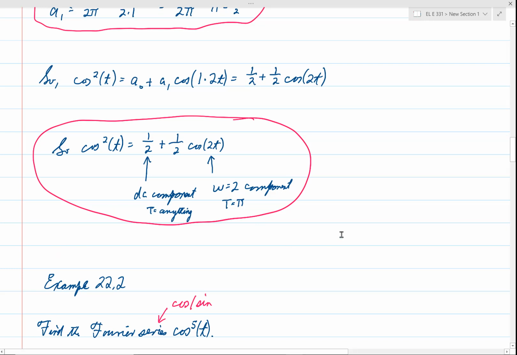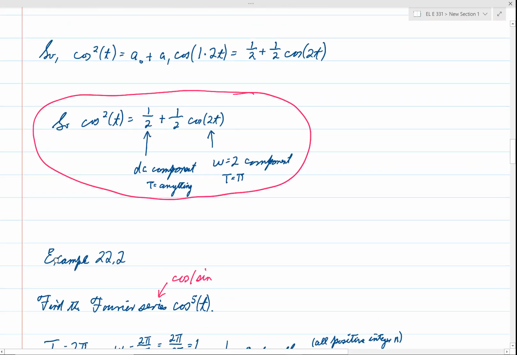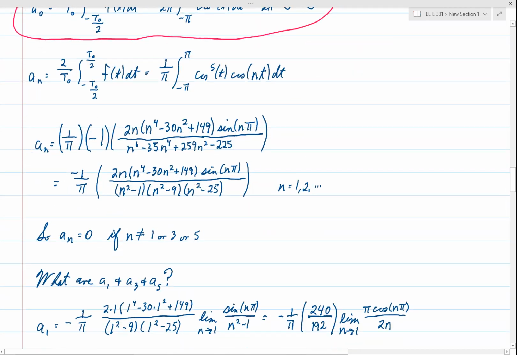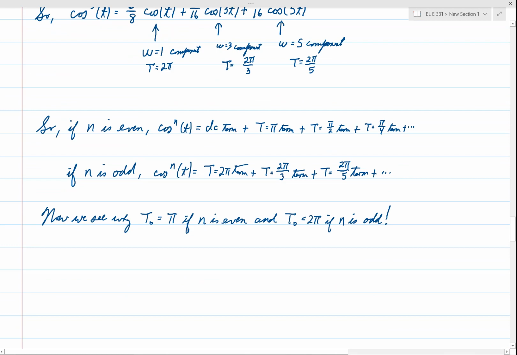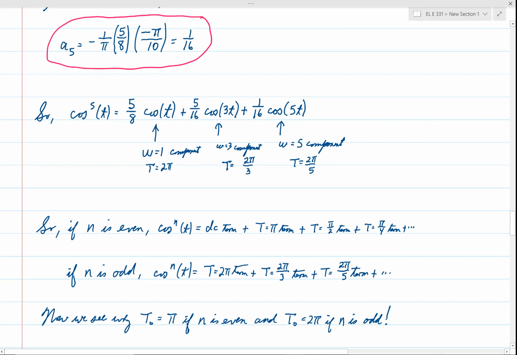And as I said, we made the connection here with an identity you learned long ago when you were doing integrals in calculus. And so I just think this is really an interesting application because you might have run into an identity like this before and never thought of that as being a Fourier series, but that's exactly what it is.